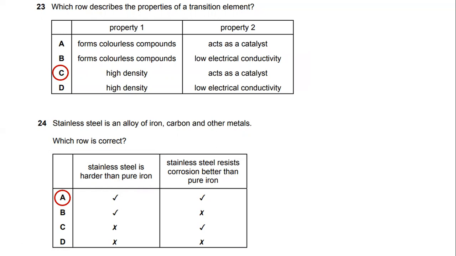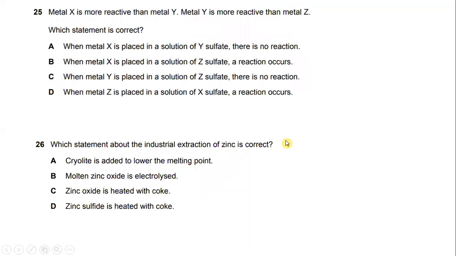Which row is correct? Stainless steel is harder than pure iron, and also stainless steel resists corrosion better than pure iron. So the answer for 34 is A.